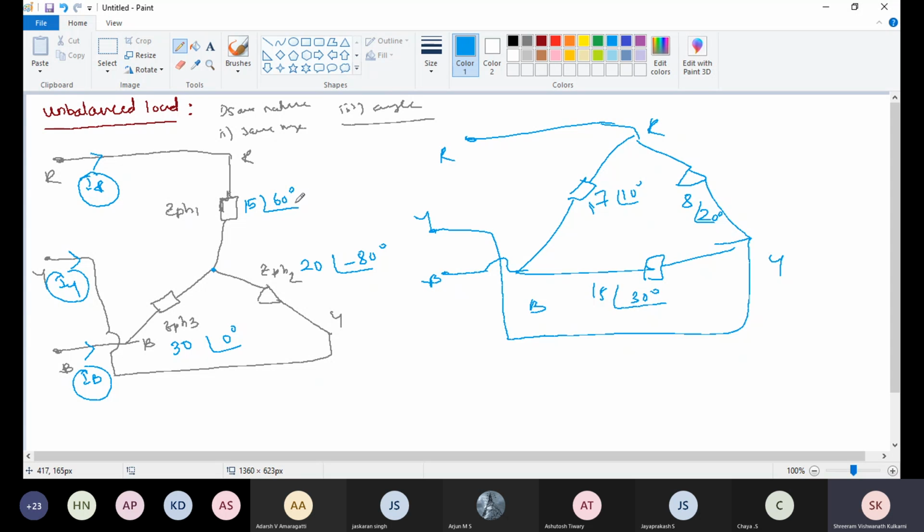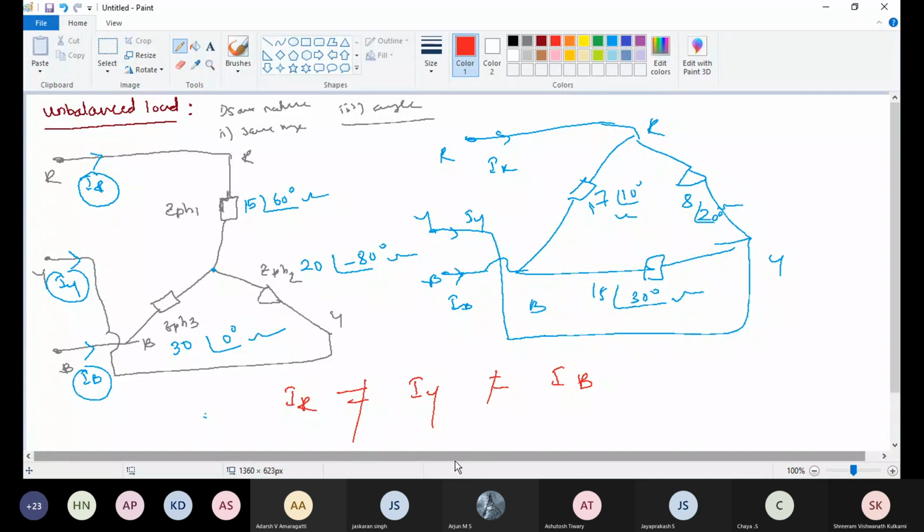These are Z impedance in ohms. So here also IR, IY, IB are not equal because they are different in their phase differences with the other phases. So I can tell IR, IY, IB in the above diagrams are not equal.